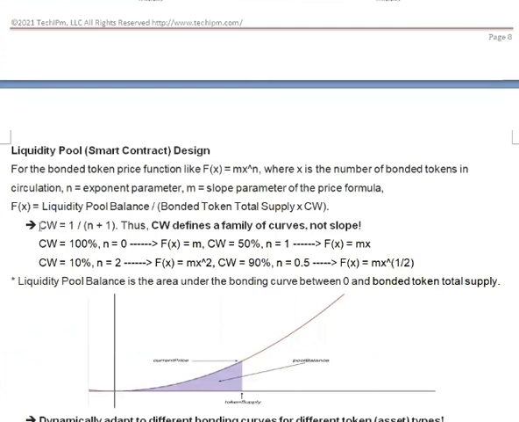And then this CW is related to this exponential parameter. So they determine the family of curves, what type of curves they are, not the slope.